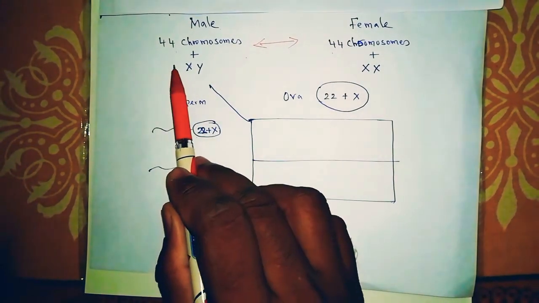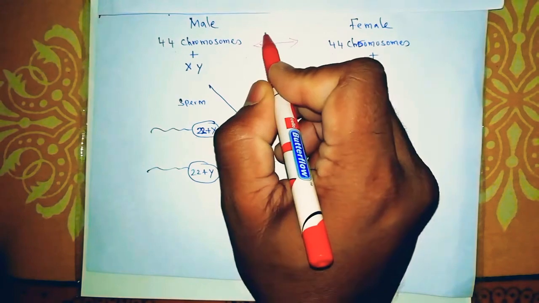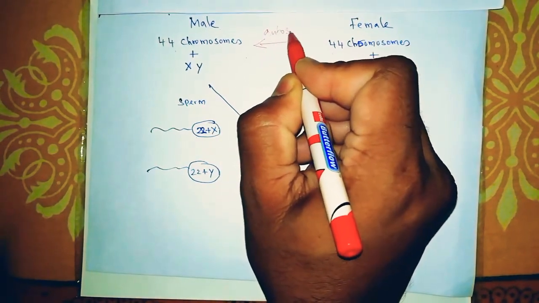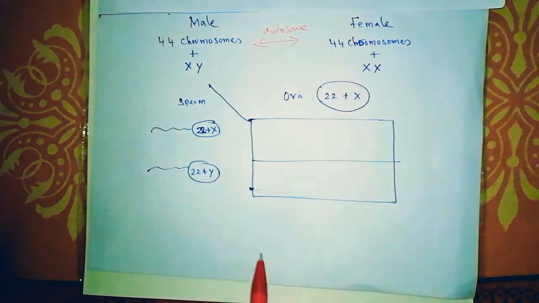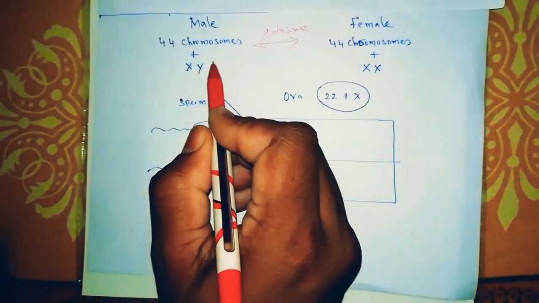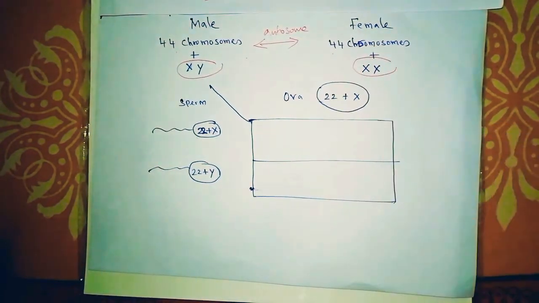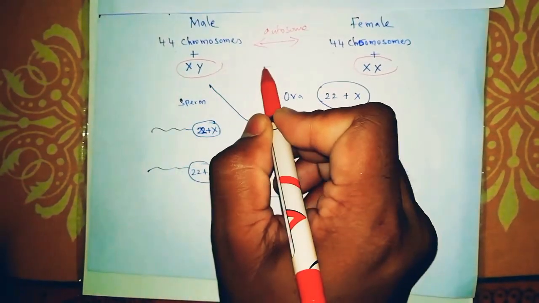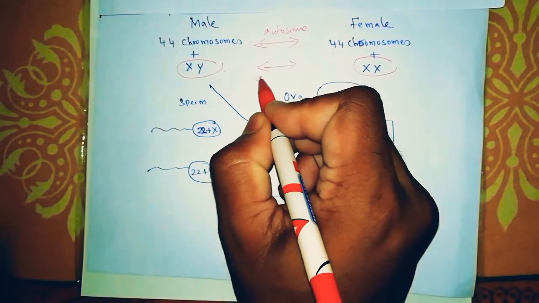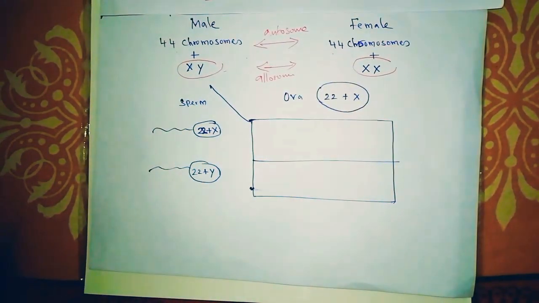So male and female both have the same type of chromosomes, called autosomes, common in both. What is the only difference between male and female? Here, the last pair in male and the last pair in female, these two are said to be allosomes. In other words, they are sex chromosomes which determine the sex of a baby.